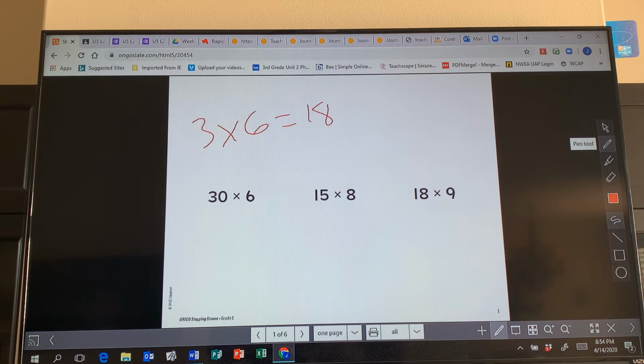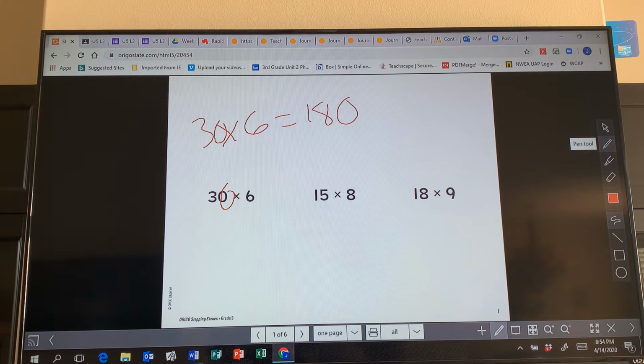Now, if I think about this 0 right here, and I think about adding it to the answer, then by putting it over here as well, 30 times 6 is equal to 180. All right? So the 0 stays the same, and then we multiply our basic fact to get the answer.